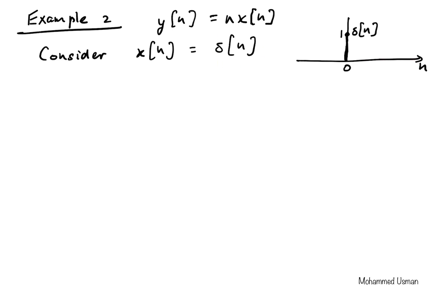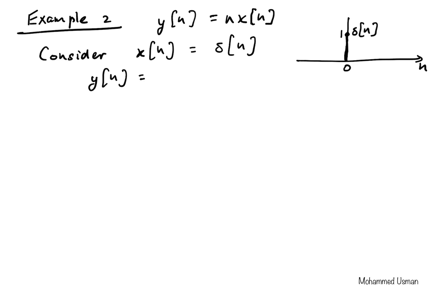So when we give such a signal as an input to the system, we will get y of n. In this case, y of n will be n times x of n. This delta of n is 1 for n equal to 0, so 0 into 1 will be 0.